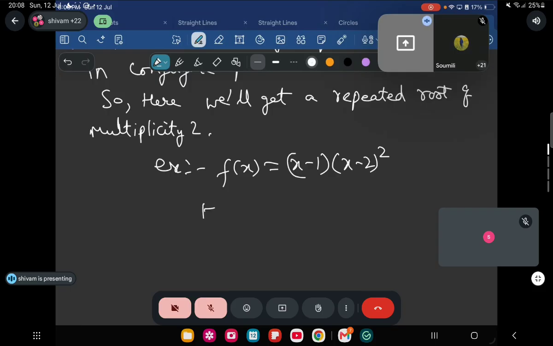So over here, what will happen? f dash x will be equal to x minus 2 into something, right?